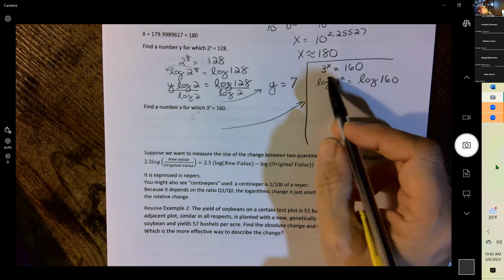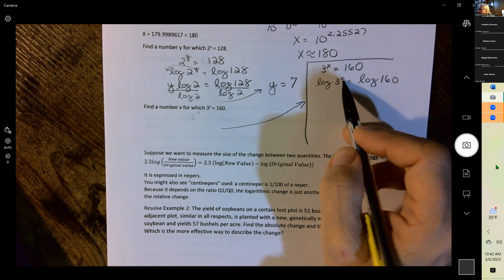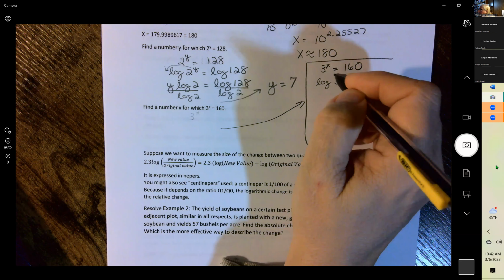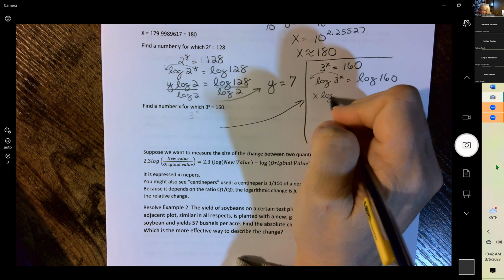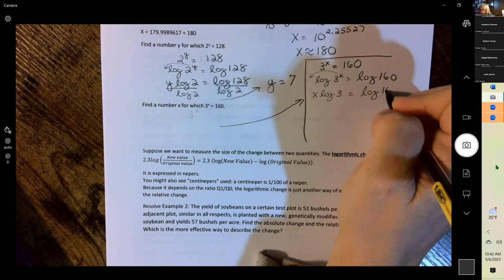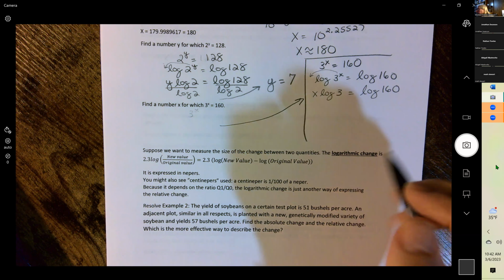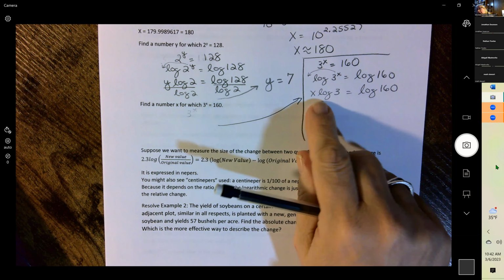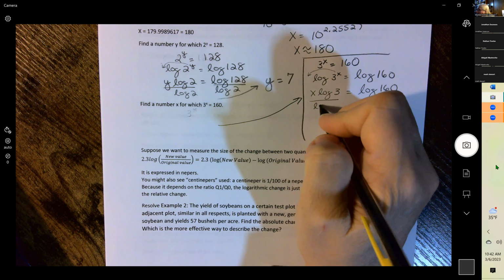We take log of both sides because the variable we're looking for is in the exponent. And then we want to bring our exponent down. Next, since we're multiplying by X, to get rid of this log, we would divide by it.